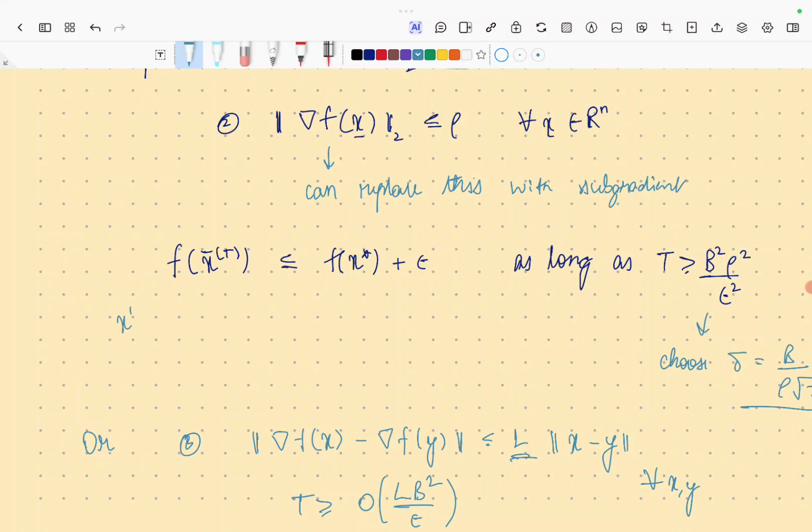I get x1, x2 up to xt, and in the end, instead of outputting xt, I'll output the average of all of these.